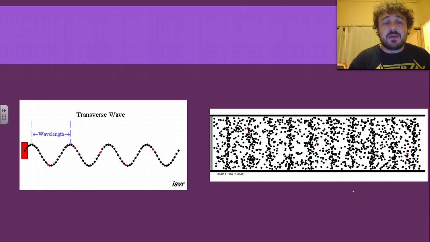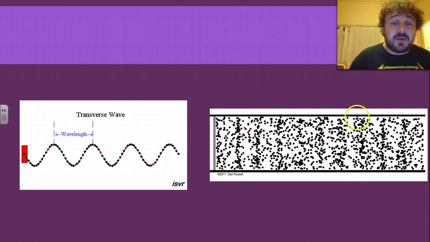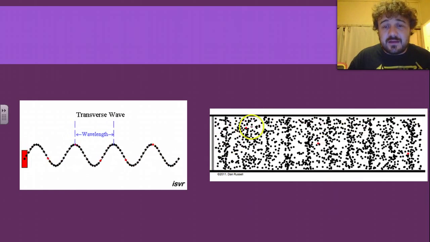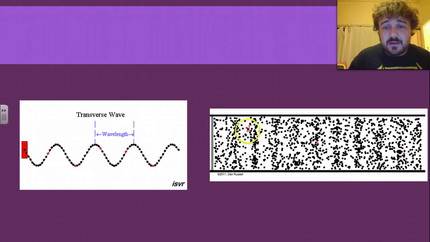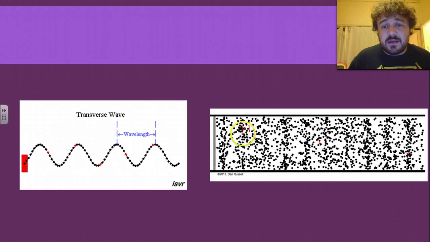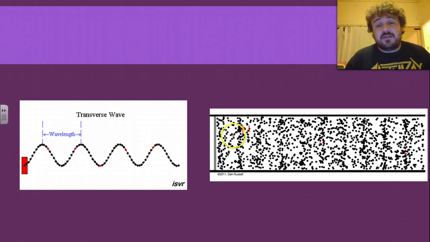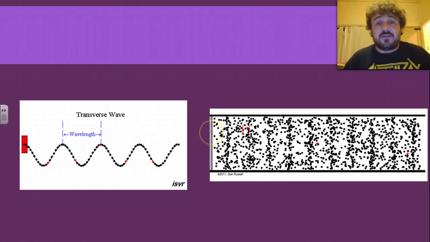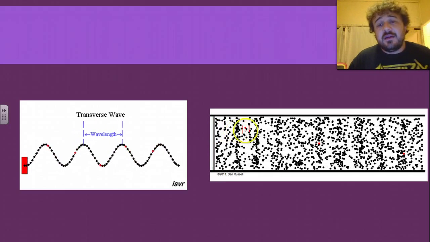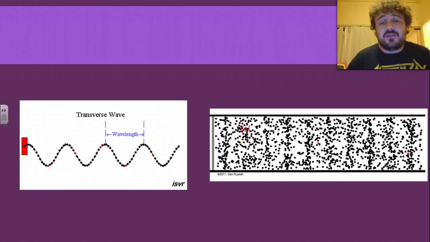Here we see an example of it, and something worth noticing is that this little red particle doesn't move very far. This is a longitudinal wave, and you can see that it only moves as far as the initial push does, and that's all oscillation is.